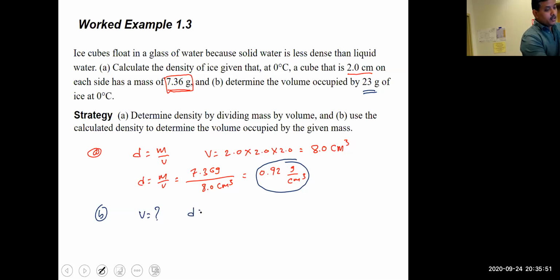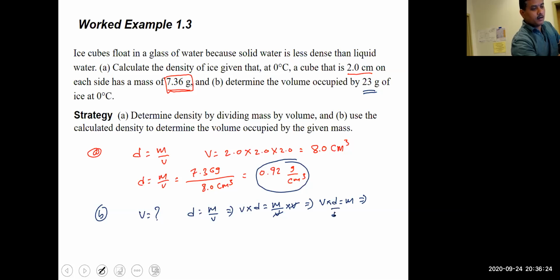So density is equal to mass over volume. Let's separate volume to one side by multiplying both sides by volume. You do that, you can cancel volumes. Now you have volume times density is equal to mass. So to have volume on one side, you can divide both sides by density, and if you do that, you will have density cancelled.